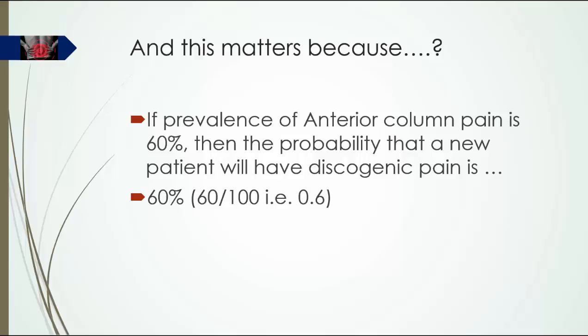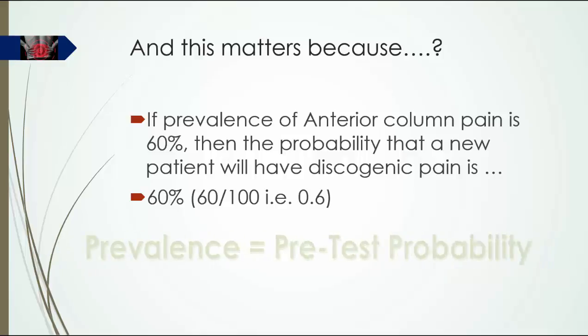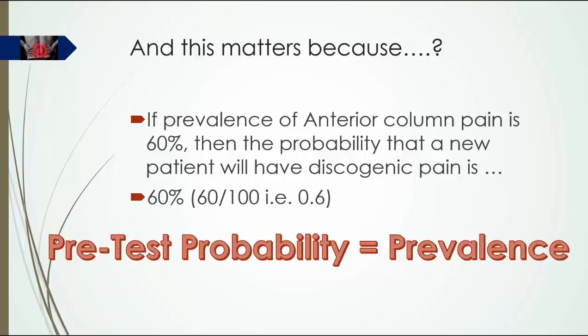Expressed as a proportion, we say that the prevalence is 0.60 or 60 out of 100. This is the same as saying that the pre-test probability is 60% or 0.60. This is important, as we shall soon see, but for now remember that prevalence is equal to pre-test probability, and pre-test probability is equal to prevalence.